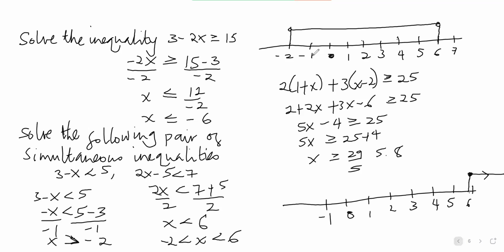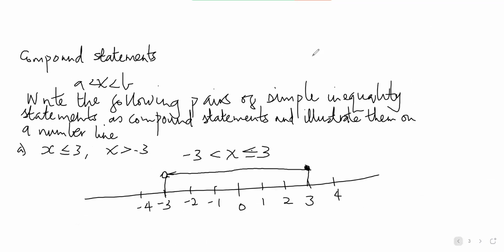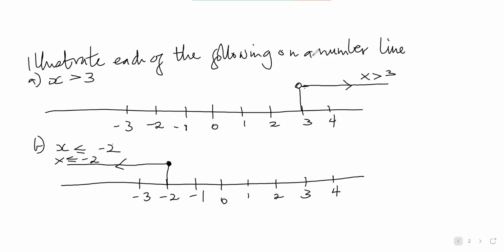And then on the other side, we have this one, x is greater than or equal to -2. You see, it goes all the way to negative infinite. So that's why we are using those ranges. The solutions go to infinite.